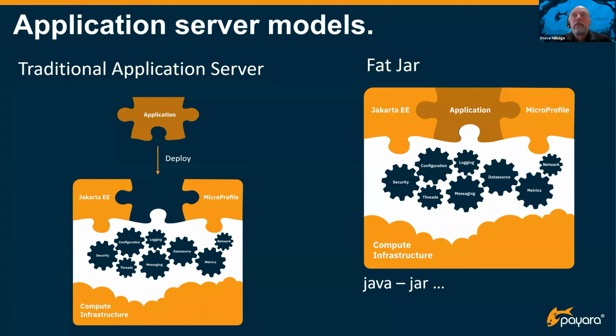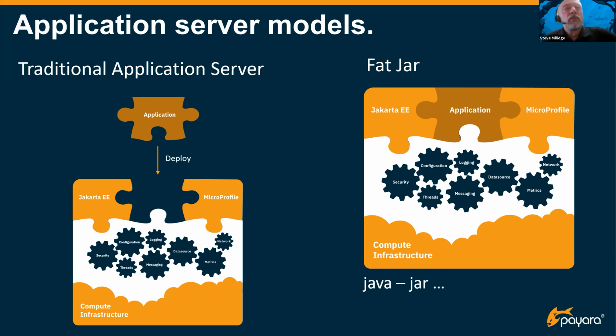It's just a packaging mechanism. All you're doing is combining your application with your runtime and creating a single artifact. And we'll see later I have a very small demo of Payara Micro, where you can do the same thing. But semantically, it's effectively the same thing.